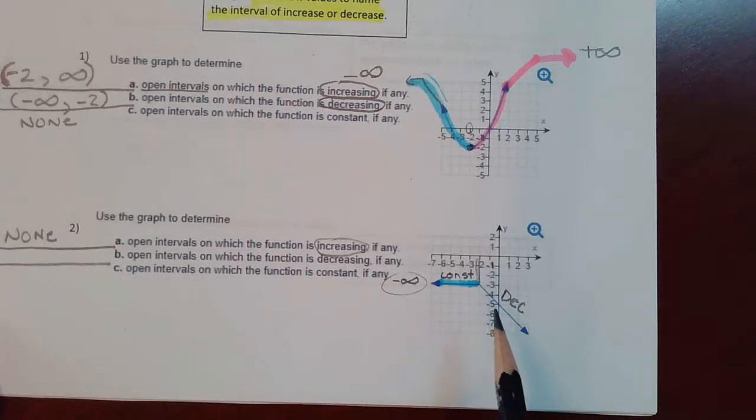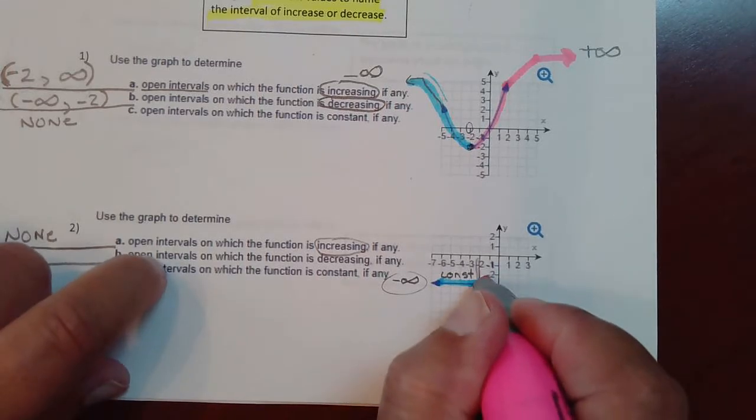Where is it decreasing? From -2 all the way to where these x values get bigger and bigger and bigger, so we call that positive infinity. That leg flares, and anytime a leg flares, whether it's pointed up or pointed down, it means it's continually moving towards infinity, either negative or positive infinity.